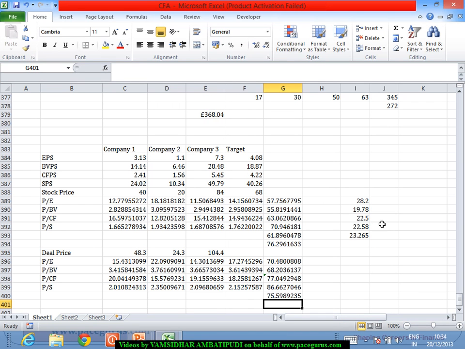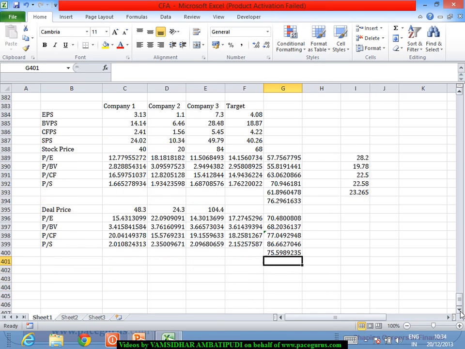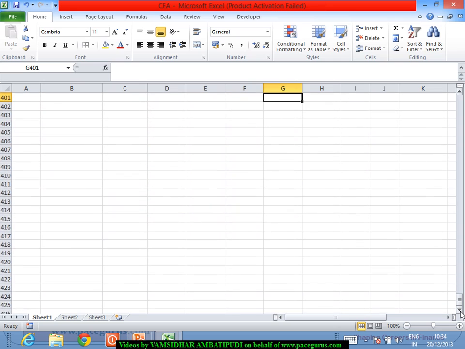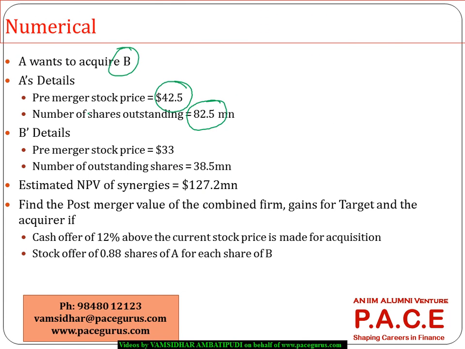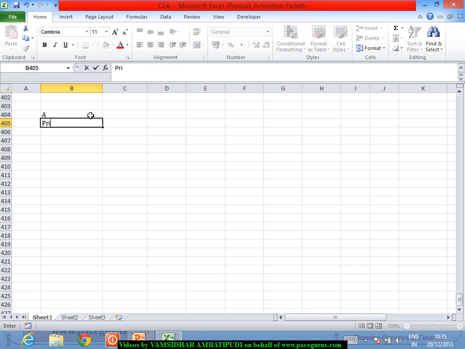Let me take the numbers a little bit more here. As far as A is concerned, the price is around $42.5 and the number of shares is 82.5 million.